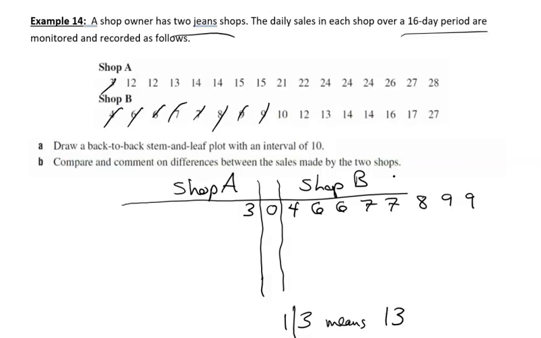And so we've exhausted all those, and so our next stem is all the ones that start with 1. And lots of them, there's lots of them in each side, so I'll start again with shop A. Remembering that we're going left, our numbers are getting larger from right to left, which is a little bit strange, but that's how it is.